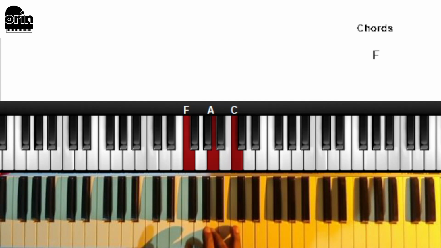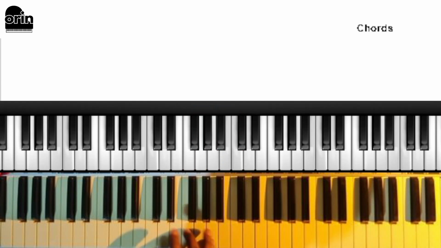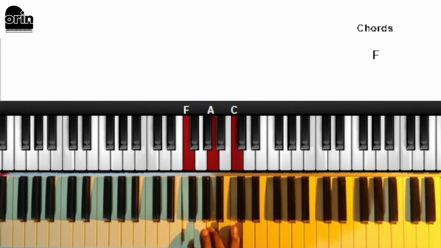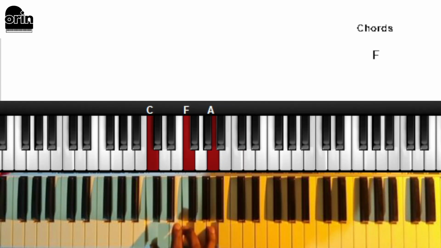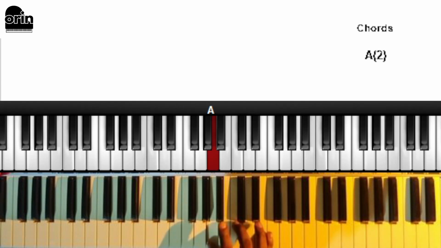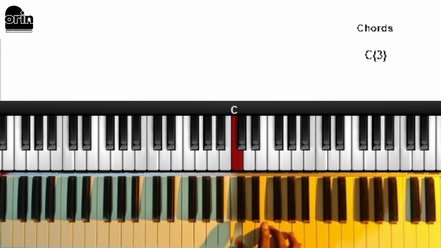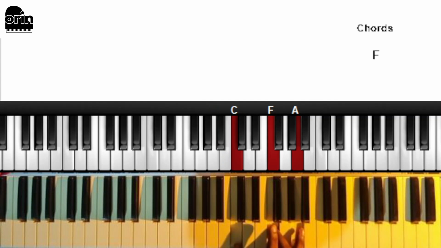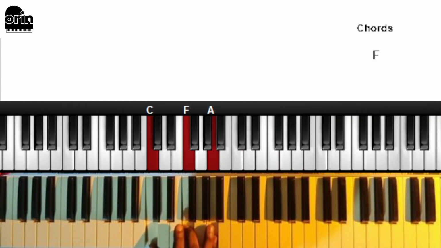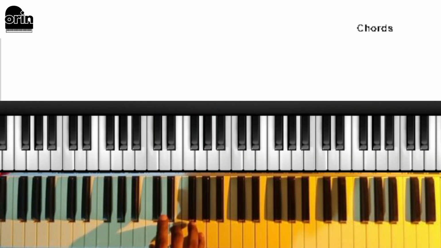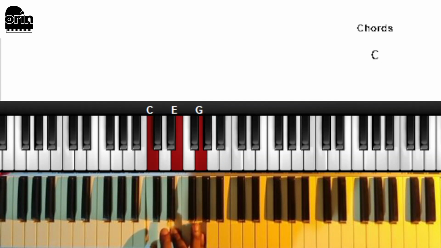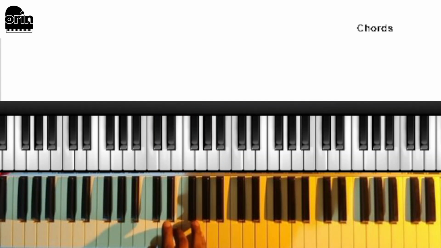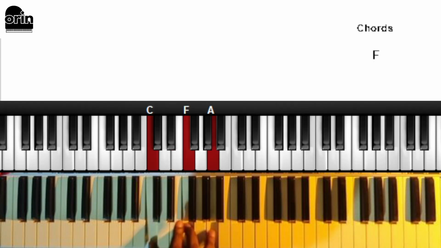Okay, this is F major. F major can also be played like this. This is the second inversion of F major. If this is F major, this is the first inversion, and this is the second inversion. So if we bring F here, second inversion, you can see that it's very close to C major now, the root 1, 4.